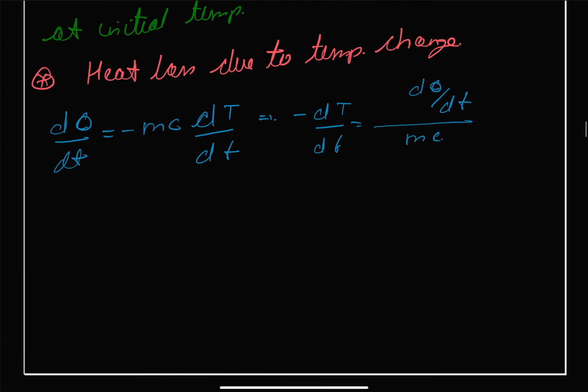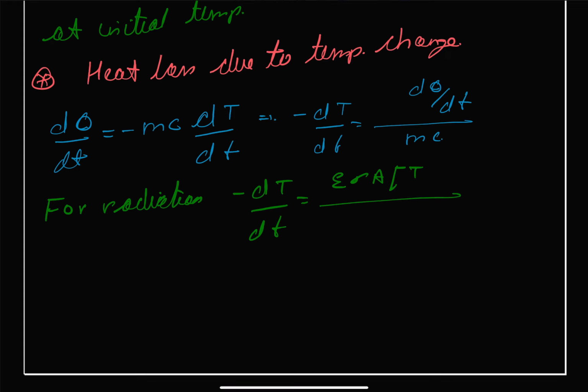And for radiation heat loss, we can write that minus dT/dt is equal to epsilon sigma A, and this comes as (T raised to power 4 minus T naught raised to power 4) divided by mc.